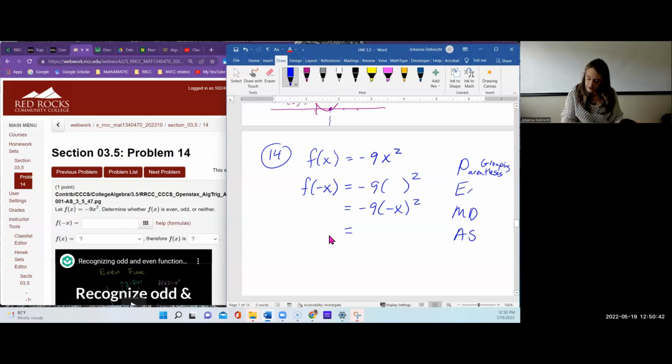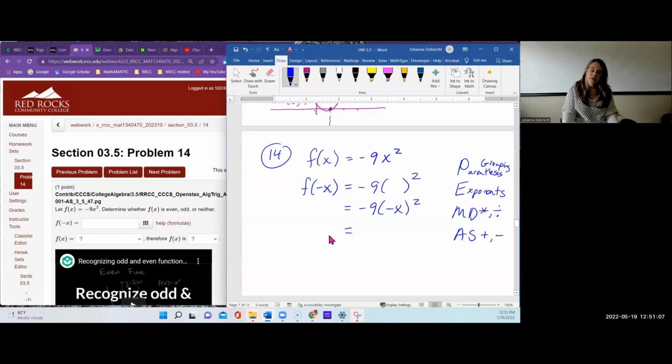E stands for exponents. Exponents have to be done after the grouping, but before any multiplication and division. Multiplication and division are done in order from left to right, whichever one you hit first. Yes, there is an order, left to right, whichever you hit first, multiplication or division. And then, of course, we have addition and subtraction, again, left to right.